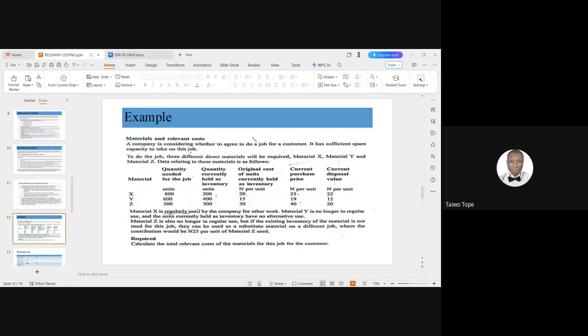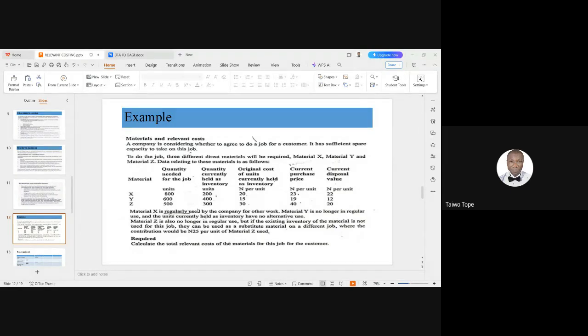Yes. So in this case, we experience two scenarios. You need 600 for this job. Now, the question is saying that material Y is no longer in regular use.